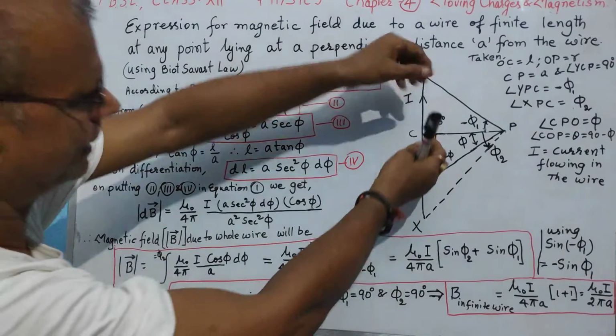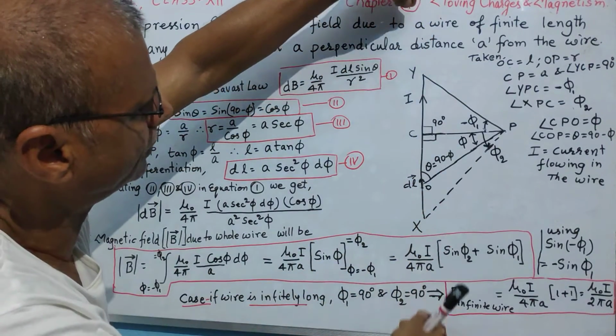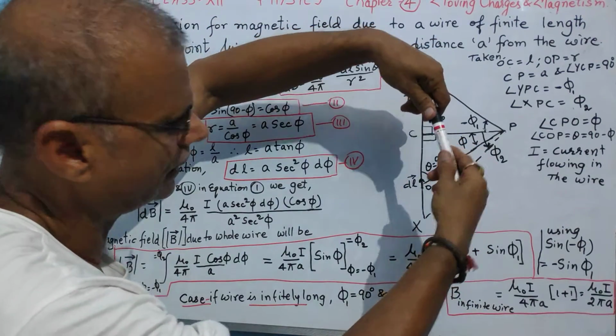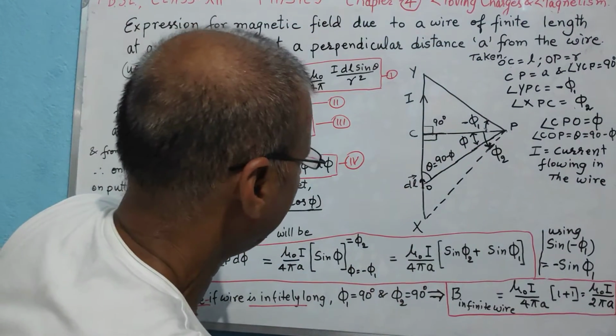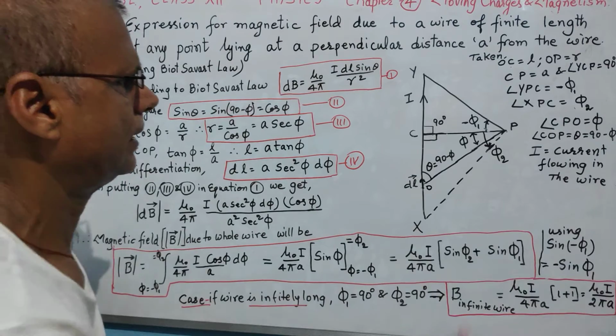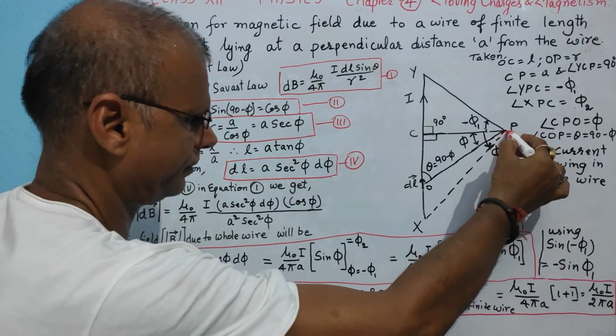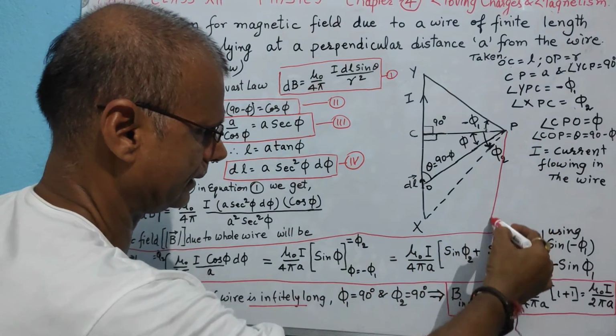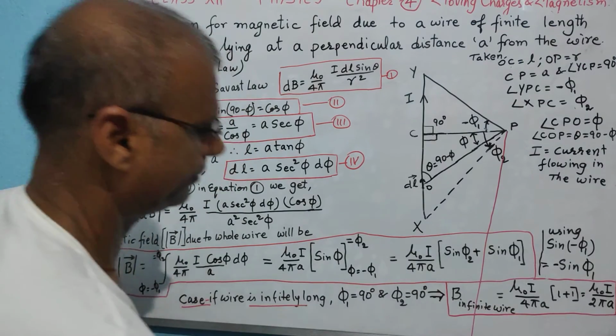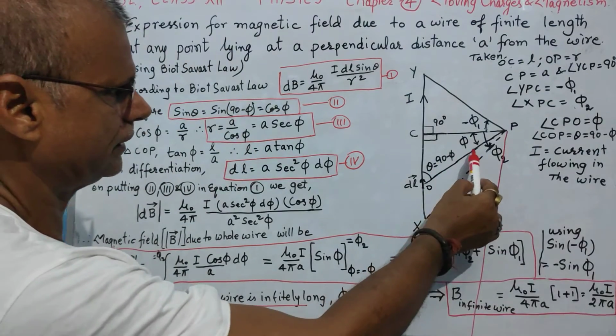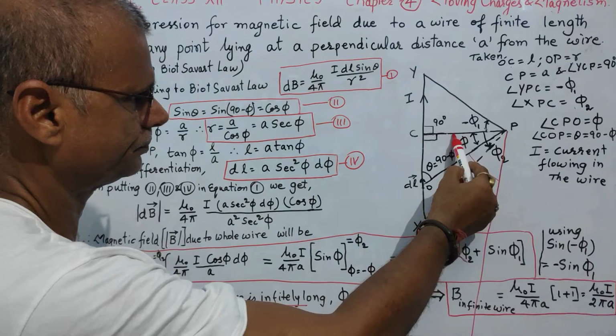We can very well imagine that if we stretch the length of the wire, what happens? The angle made at point P, say for example we consider something like this going infinitely down, then that means this angle is increasing.